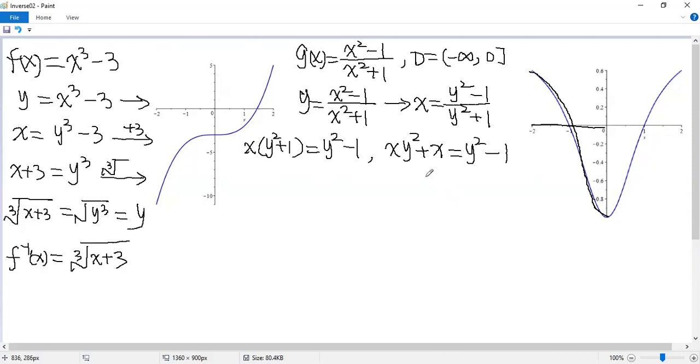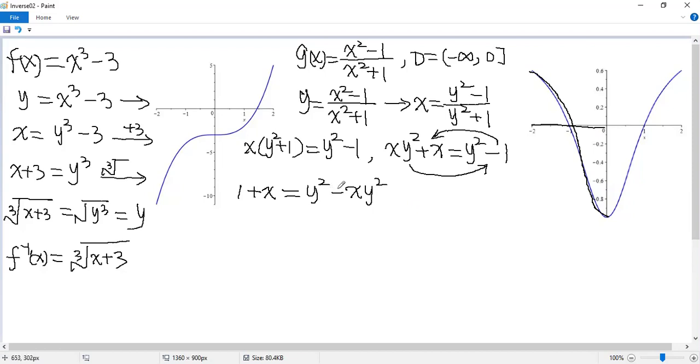To solve for y, we move this term to the right side. So we get negative x y squared. Move negative x to the left side as positive x. So we get 1 plus x equals y squared minus x y squared.